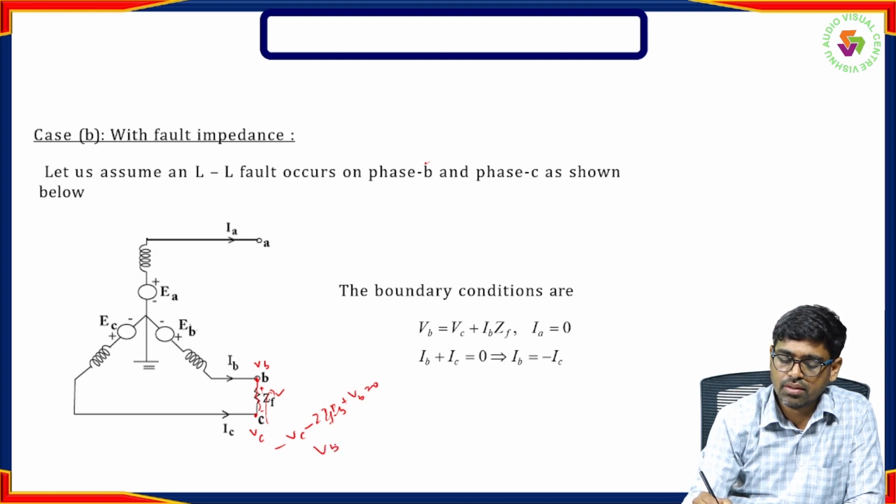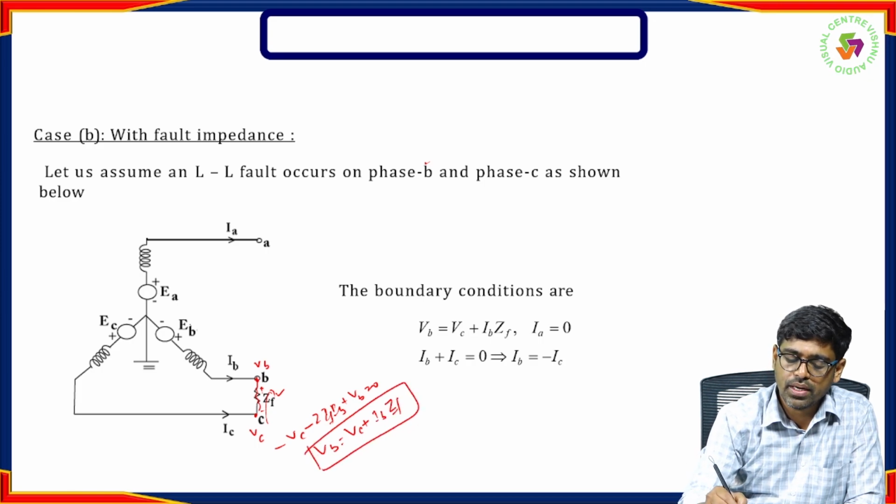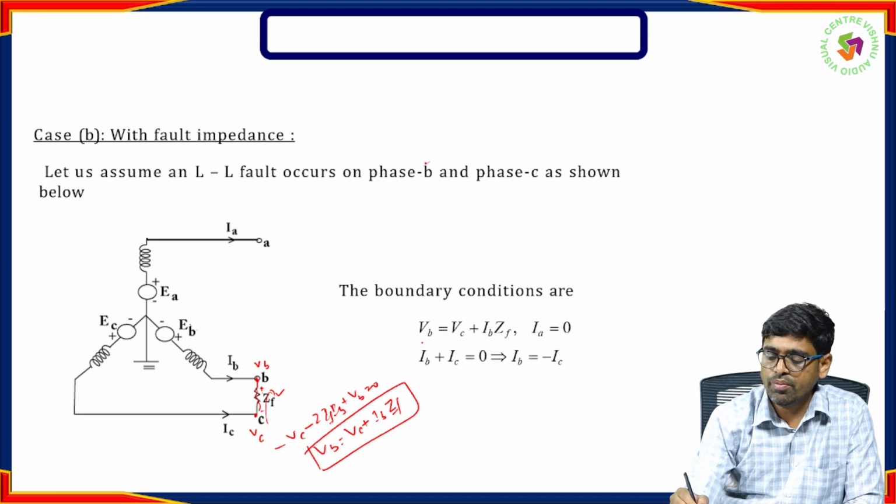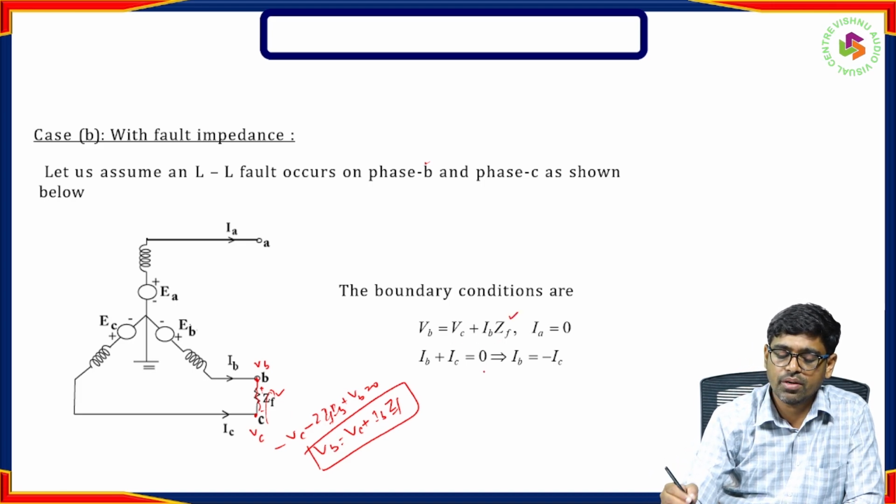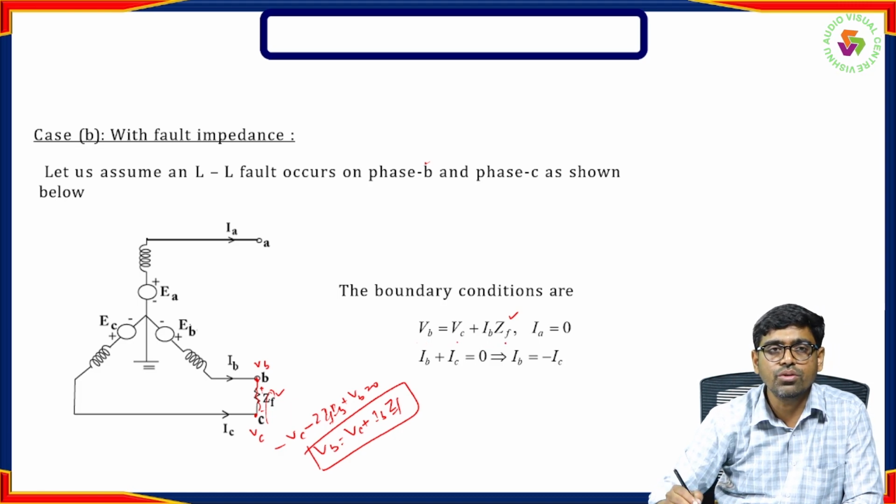From this, VB equals VC plus IB into ZF. If you take the loop analysis, we get this relation. In the previous case, we said that VB equal to VC; now it is VC plus IB into ZF.